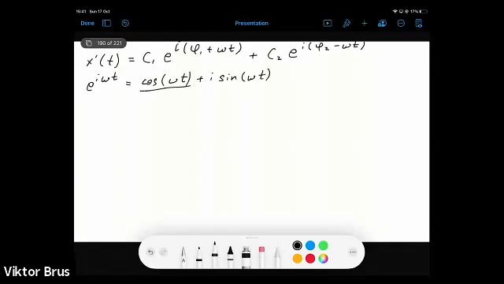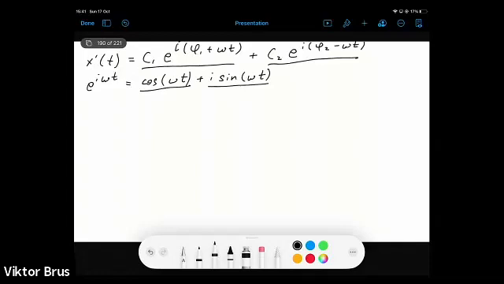So this will be the real component and this is the imaginary component. So now we split our terms. We have two terms, complex in exponential format, into real and imaginary components by applying this Euler's formula.